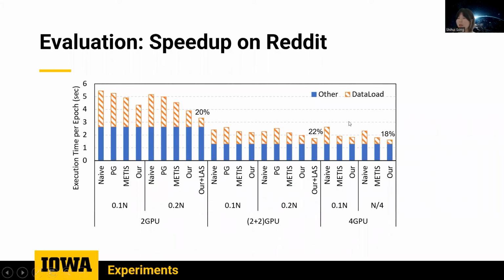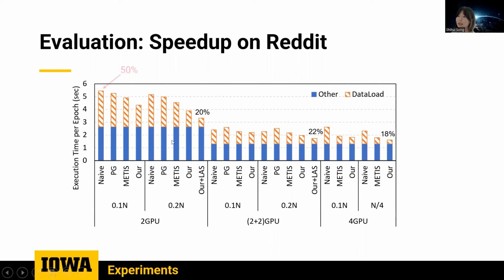This figure shows the speedup on Reddit. The 0.1n means that we can store 10% of the nodes on each GPU buffer, and 0.2n means that we can store 20% of the nodes on each GPU buffer. Let's see the results on 2 GPUs with 0.1n buffer size.